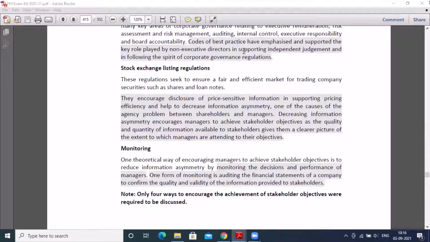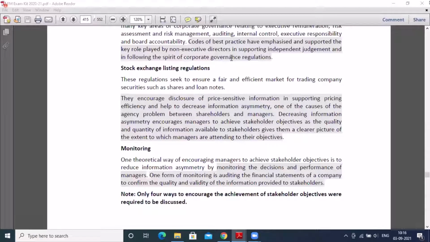Stock exchange listing requirements means normally if you want to list your company in the stock market. I hope you are aware of NSE and BSE, the National Stock Exchange and the Bombay Stock Exchange. In these stock exchanges, you can find any number of companies whose share prices you can see. If you want to list your company and display its stock price in the stock market, there are certain rules and regulations to be followed.